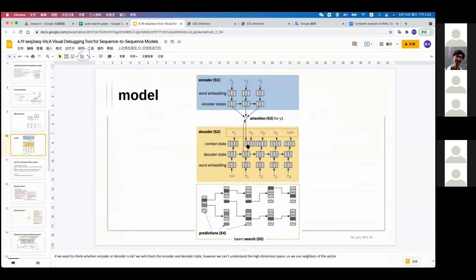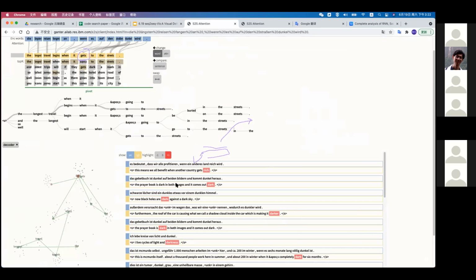Yeah, here is just the decoder state. This state is good, but that did not mean the context state is good or not, because the context state is related to the attention. So basically, you're looking into the training, maybe training, maybe tested. I guess it is training. So in many training samples, as long as there's a dark, the decoding space of the dark is very consistent and concentrated in a very small space.